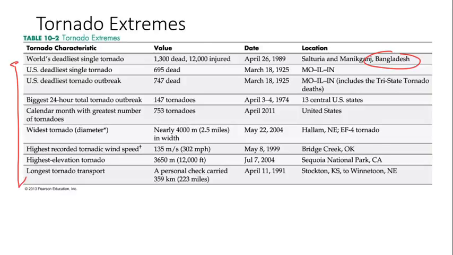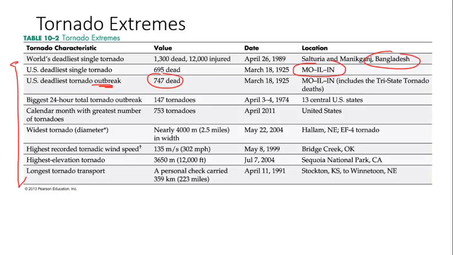The deadliest single tornado in the United States killed 695 people, and that was a tornado that ripped through Missouri, Illinois, and Indiana in 1925. Also in 1925, probably part of the same outbreak, was the deadliest tornado outbreak. What an outbreak is, is what it sounds like: conditions are ripe to spawn one tornado, and they ultimately spawn multiple tornadoes.